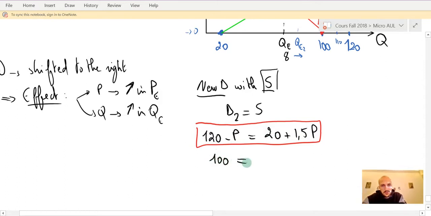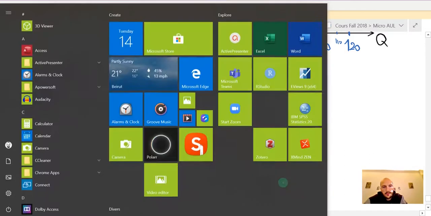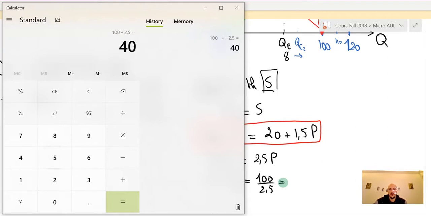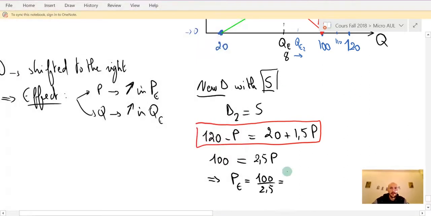Let's move 20 to the left side, بيضل 100, and P to the right side, sorry, بيضل 2.5 P. So P at equilibrium is equal to 100 over 2.5, and a simple calculation will lead to 40. Great. So my new price at equilibrium is 40.